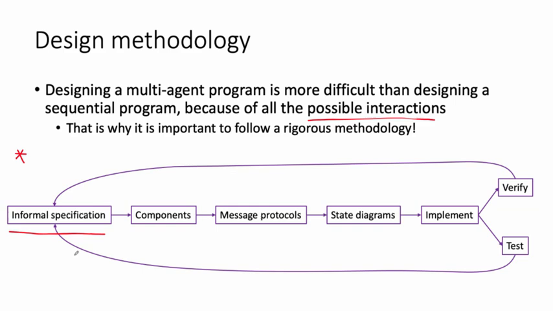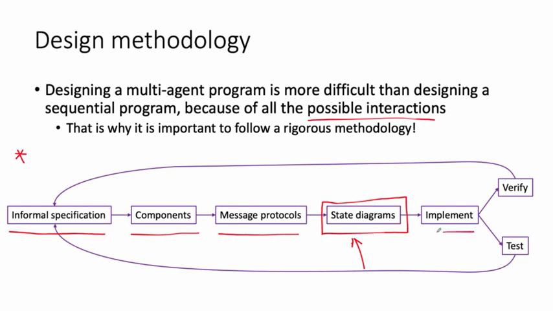So first you make a description of what you want to do. Then you define the components, so the kinds of agents and what messages and what they do. Then you define the actual message protocols between them. And then here, this is actually a key part. You define state diagrams for these components. So this is basically where most of the work goes, into these state diagrams.